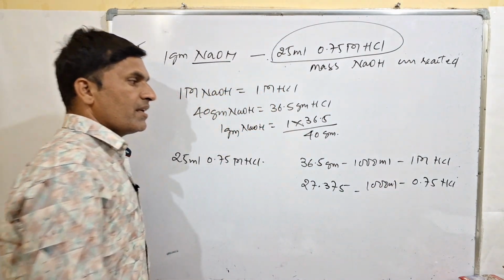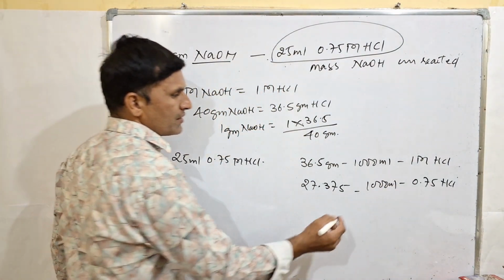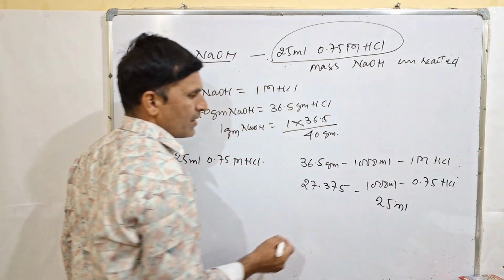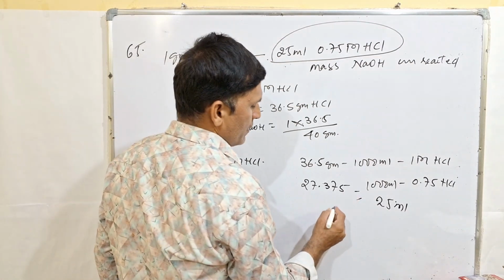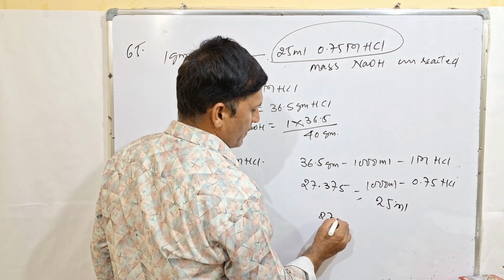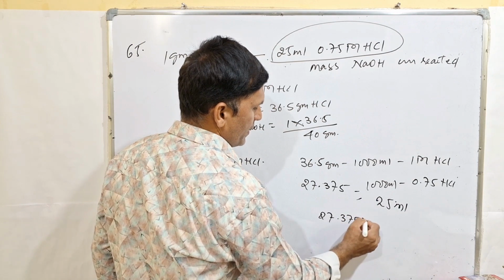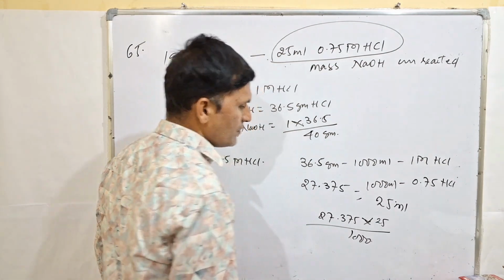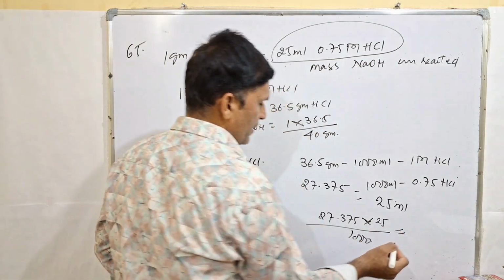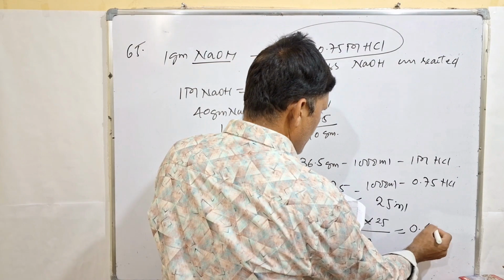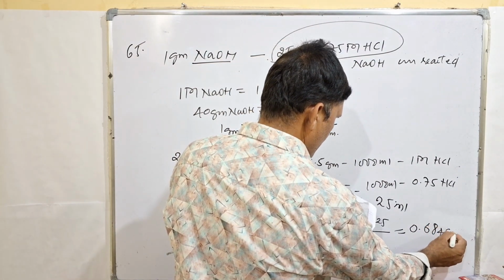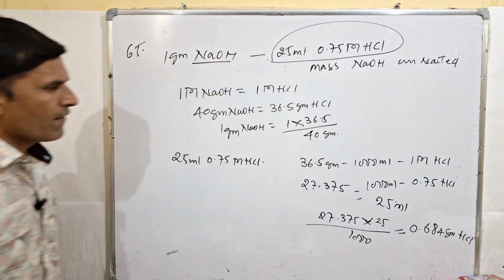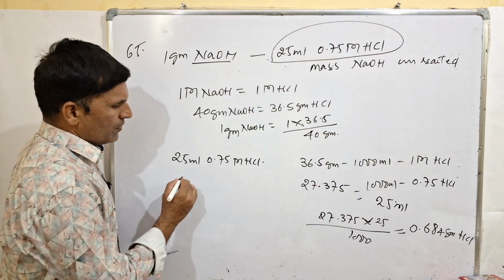But how many ml are we taking? We are taking just 25 ml. So 25 ml corresponds to how many grams? That will be 27.375 into 25 divided by 1000, and this turns out to be 0.684 grams of HCl.